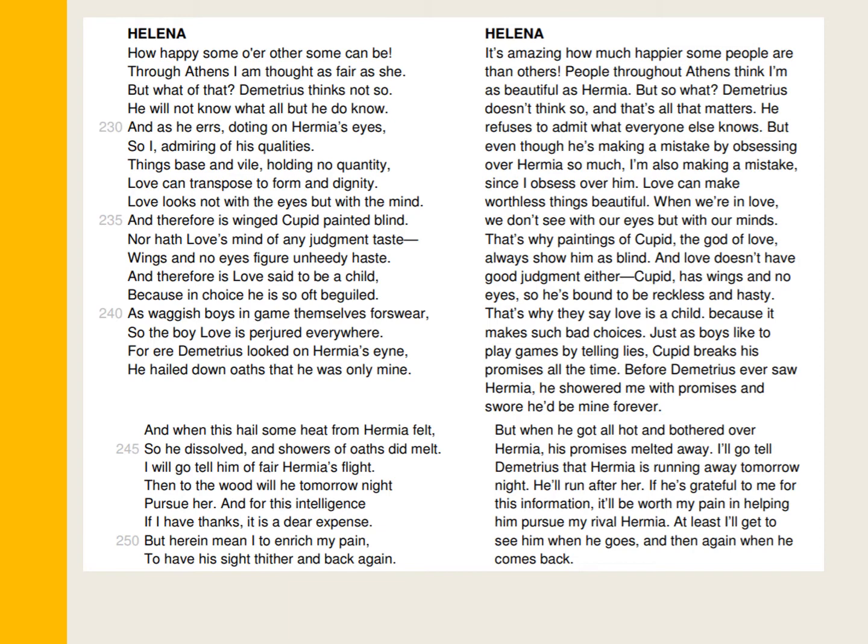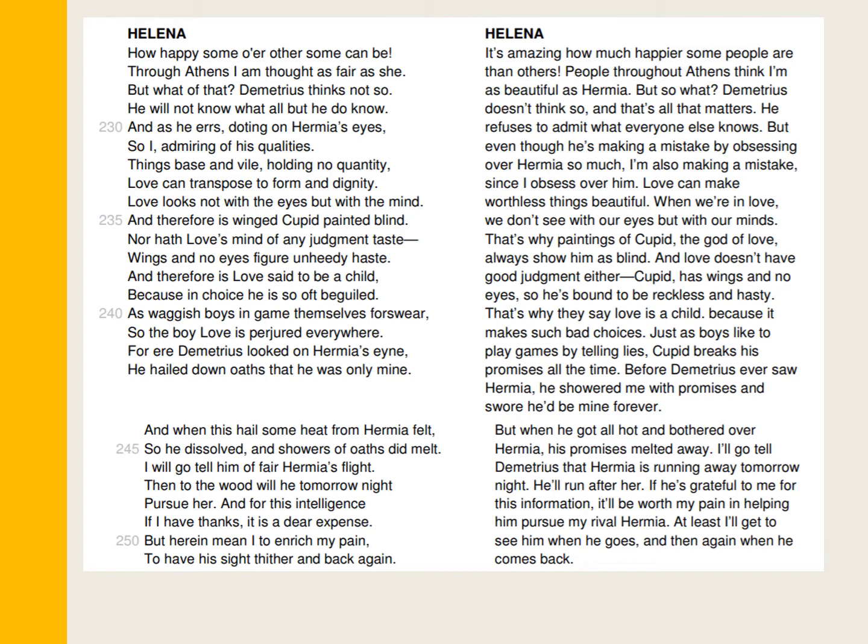Because if you could see where there's a space on that left-hand side section, she specifically says about how Demetrius used to make these promises to her, used to care for her and say to her, but then he saw Hermia and then decided he loved Hermia instead. So it kind of goes some way to explaining why Helena is the way she is.